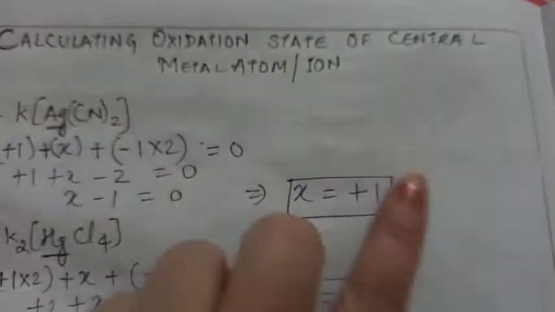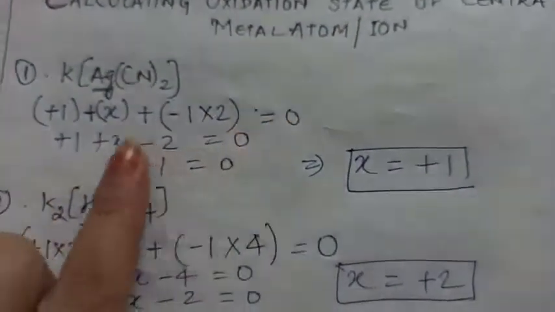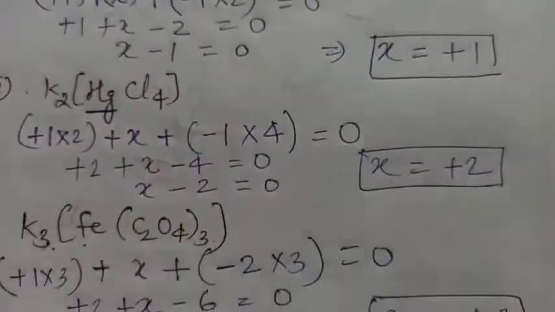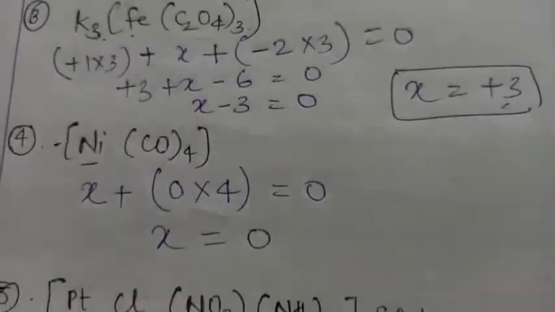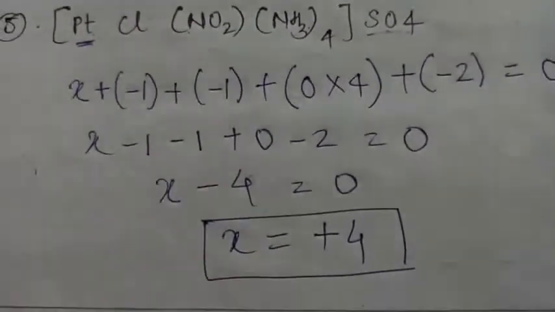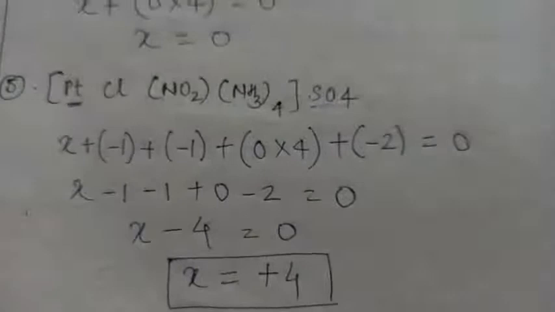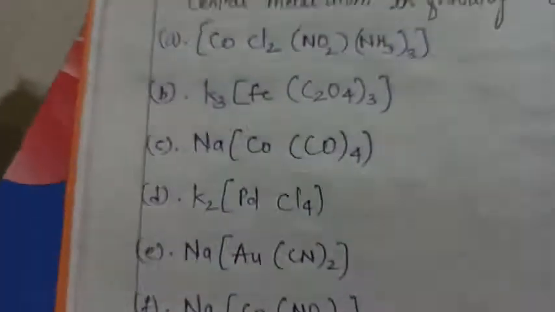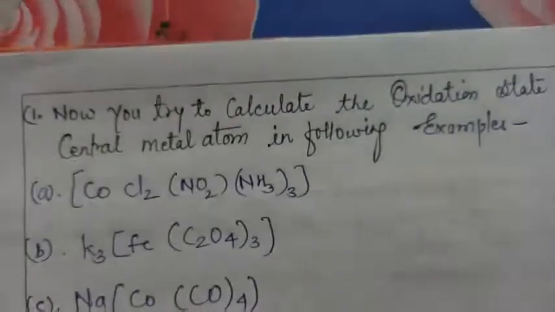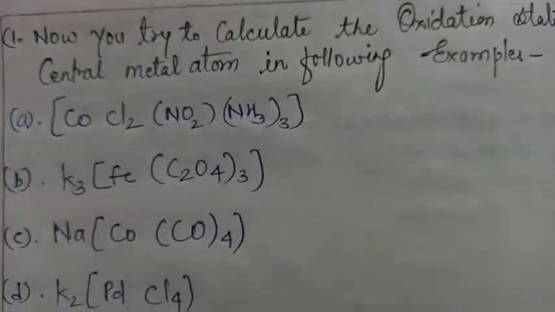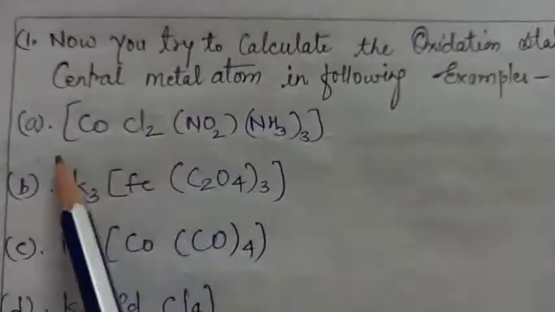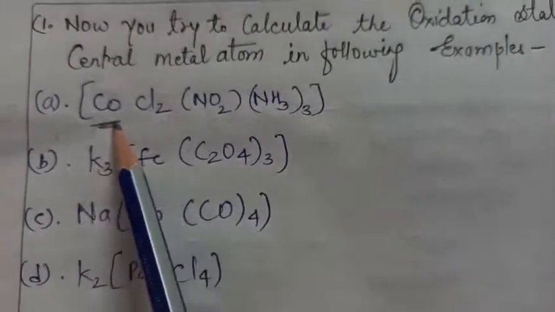I hope with these examples you have understood well how to calculate the oxidation states for the central metal atoms. Now I am showing you certain examples which you can practice and should try to work out the oxidation number on your own. So in this compound, cobalt is the central metal atom.